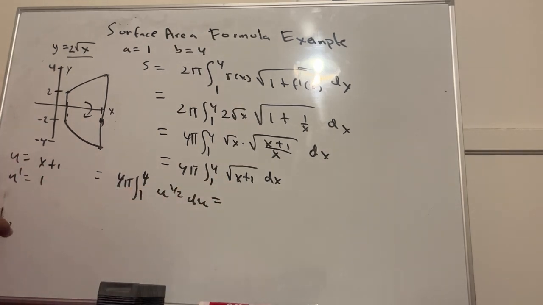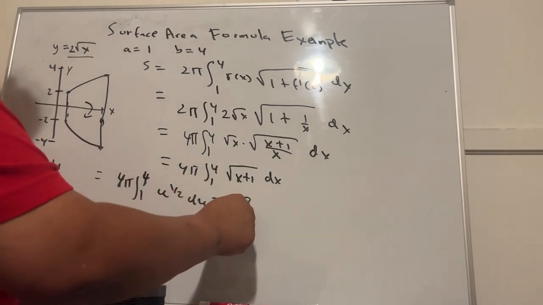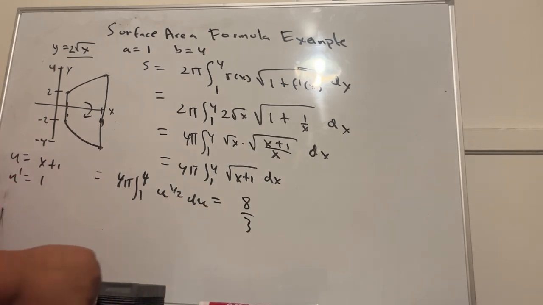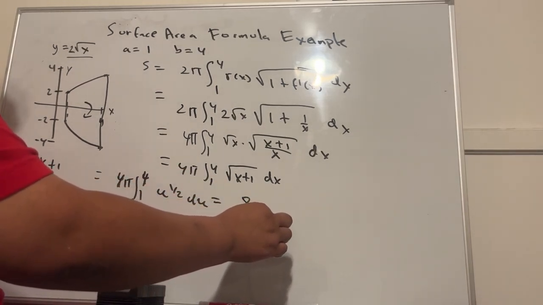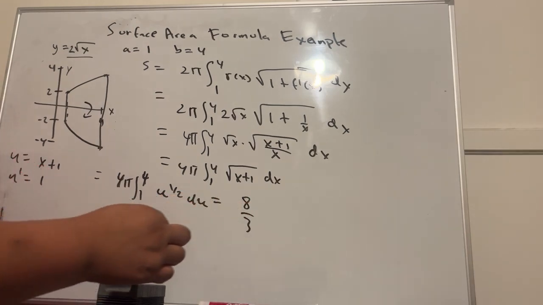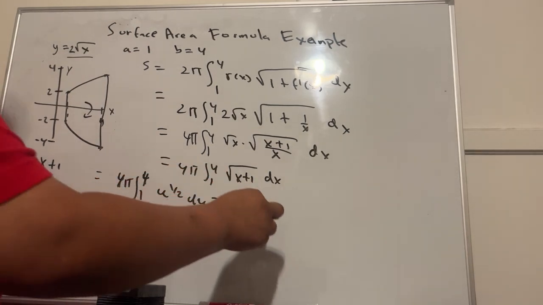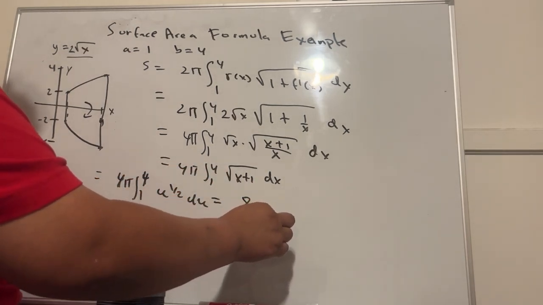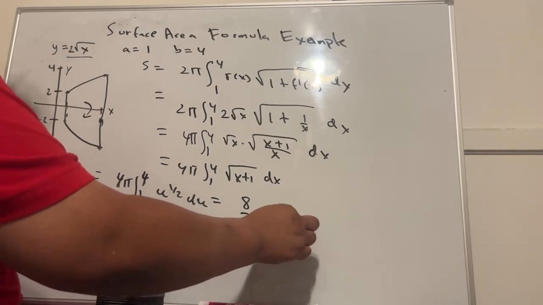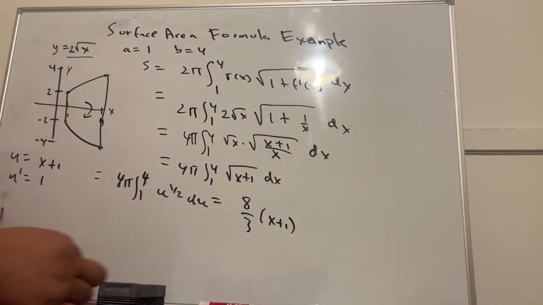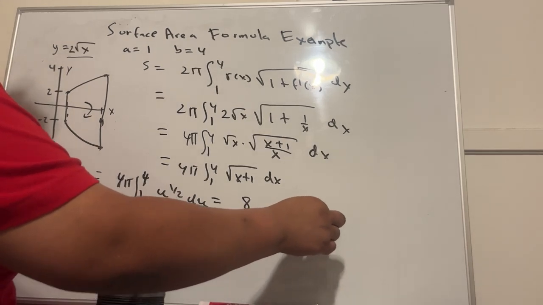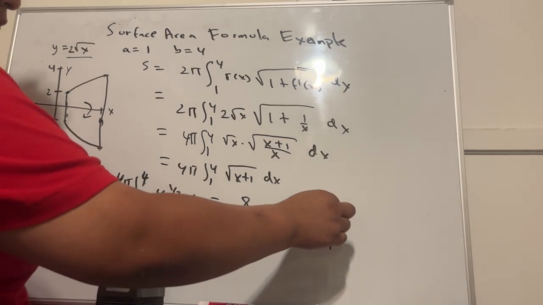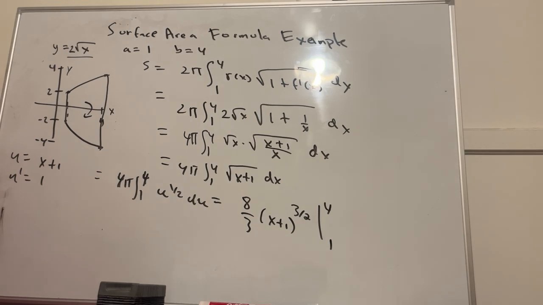a 2 over 3, and then we're going to do x plus 1, then to the 3 halves, going from 1 to 4.